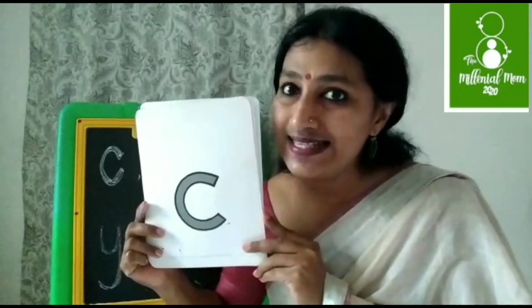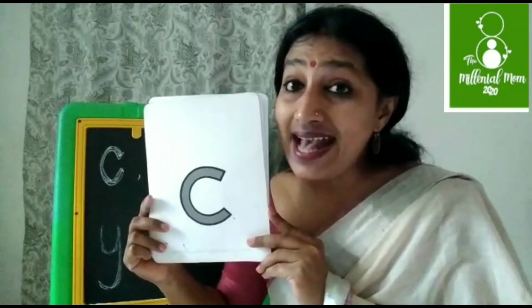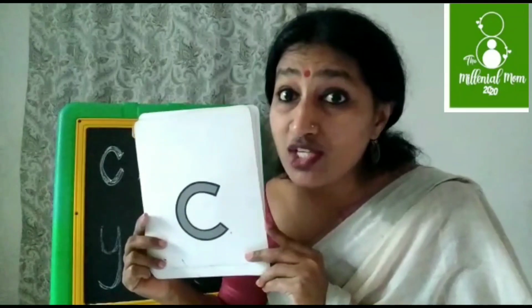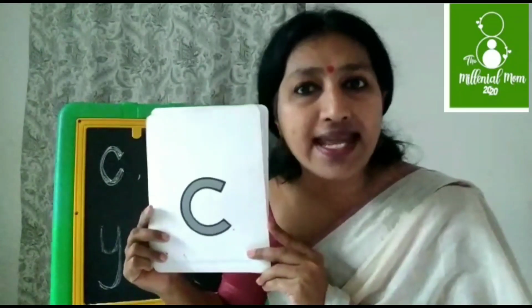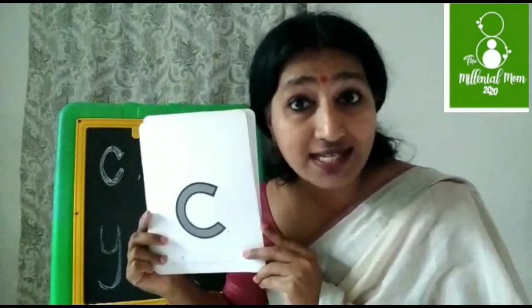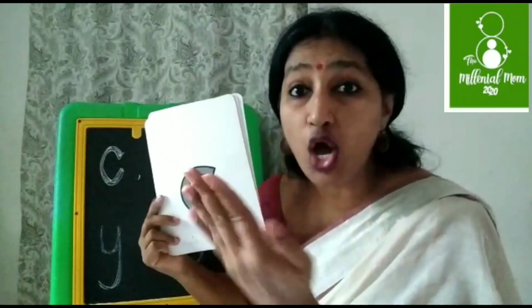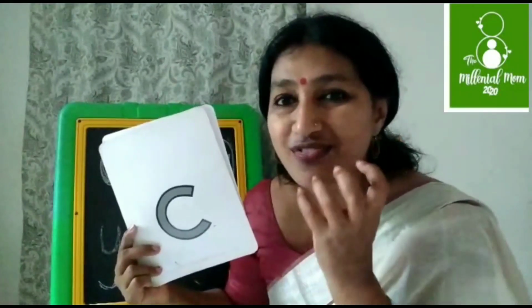This here is the letter C. It is a consonant and C has the sound K, K, K. When you teach your child the sound of the letter C, an easy way to make sure that your child is saying the sound the right way would be, tell your little one to place the palm of his or her hand in front of the mouth and to say K. When the child says the sound of C, a gust of wind will hit the palm of the hand.